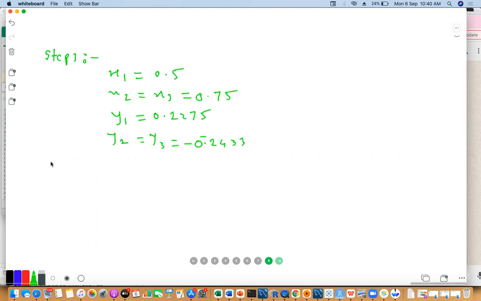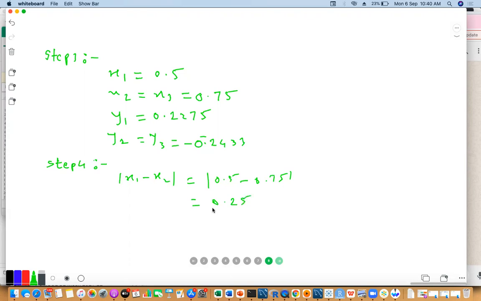What is the accuracy we have achieved? x1 minus x2 is equal to 0.5 minus 0.75, so that is equal to 0.25.